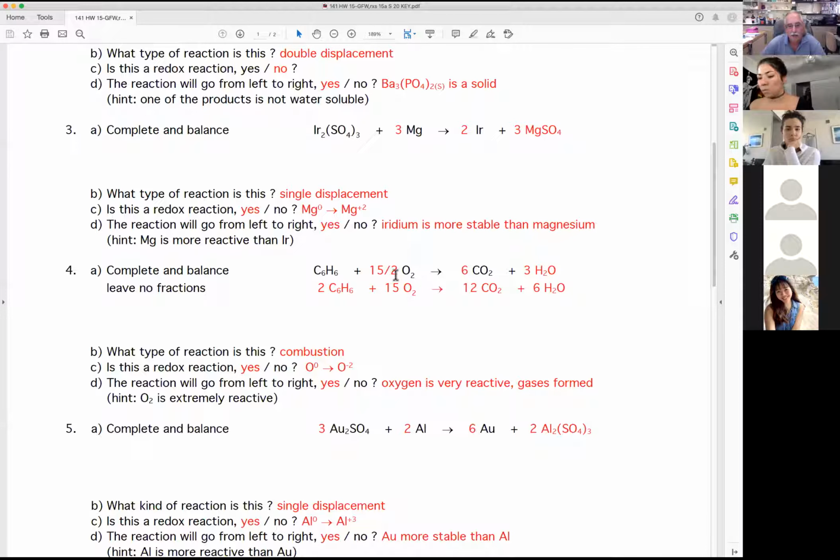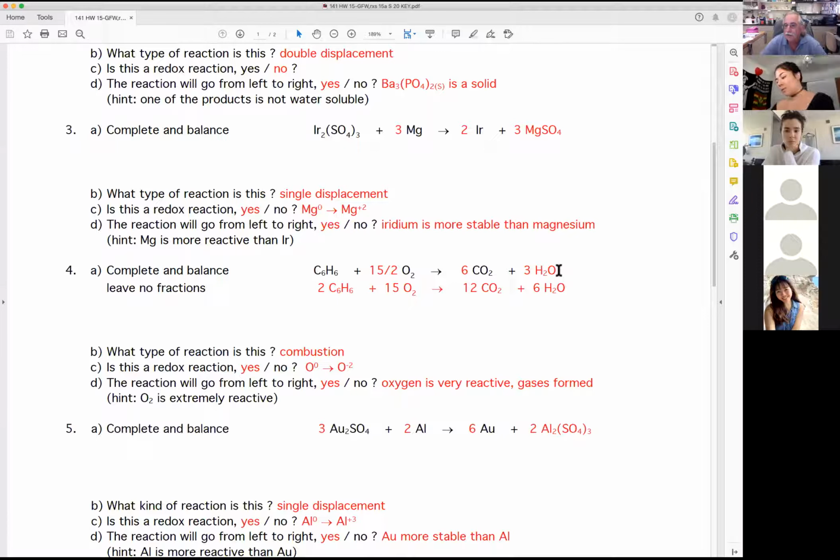Okay. So what's the oxidation number for oxygen right here? 0. And what's the oxidation number for oxygen in water? -2. Should be a -2, right?